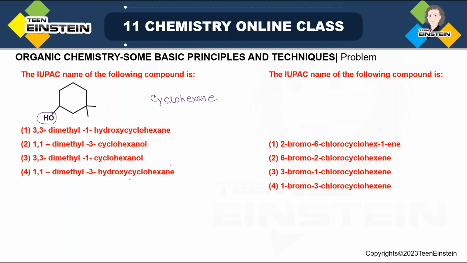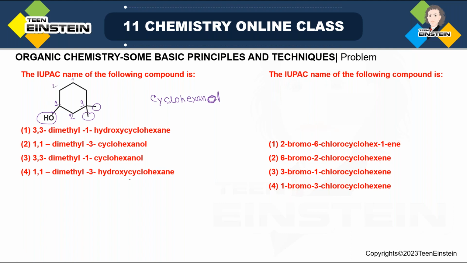Cyclohexane, but we have the OH group and we also have 2-methyl. Obviously, we have to give priority to OH. And if it is ending with ol and there is cyclohexane, then it should be cyclohexanol. It should be ending like this. But as priority will be given to OH, the numbering should be from this side, 1, 2, and 3. Don't follow the other direction.